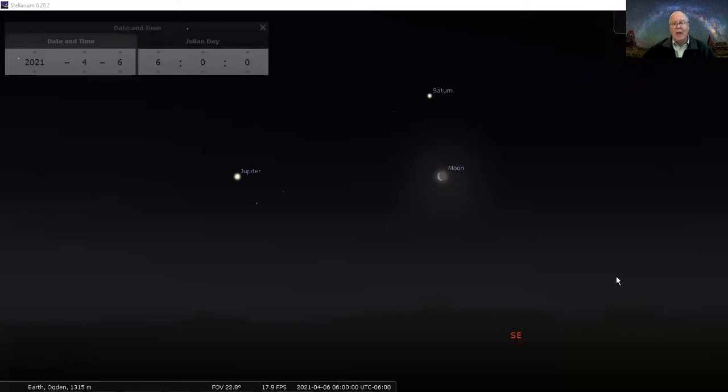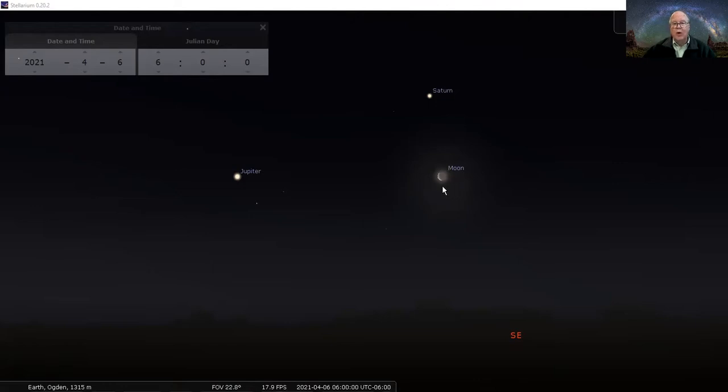But if you happen to be outside around 6 in the morning on April 6th, early Tuesday morning, the moon is just past third quarter. Third quarter moon is actually today, Sunday. And you can see that on the 6th at 6 o'clock, it's right under Saturn.